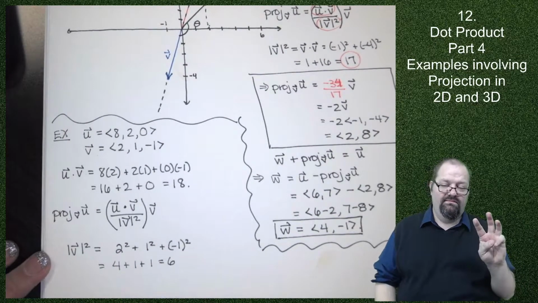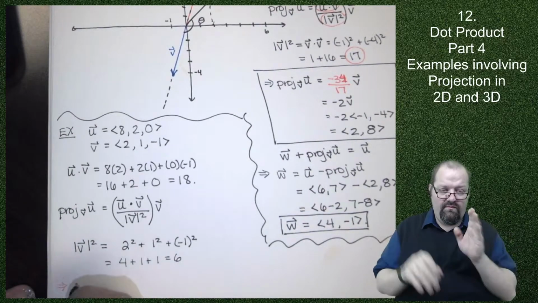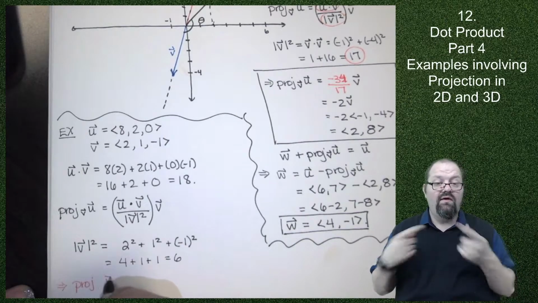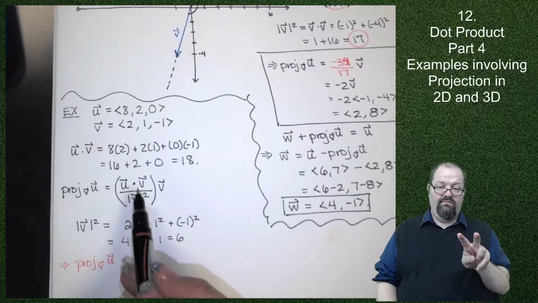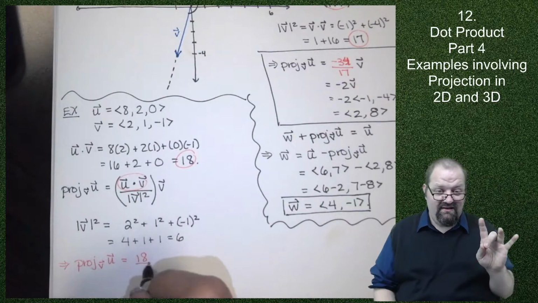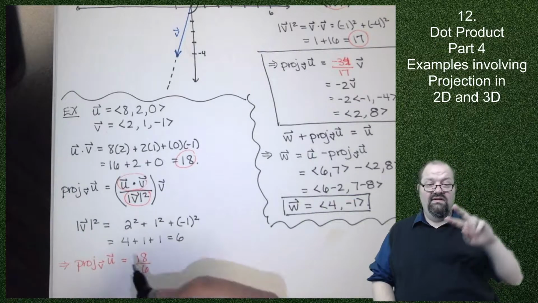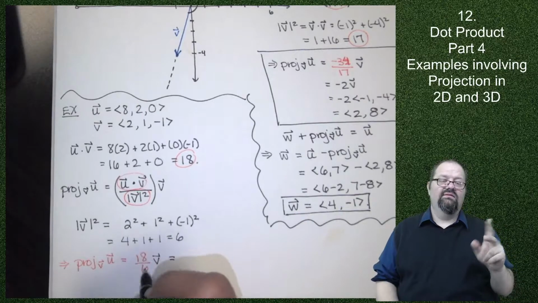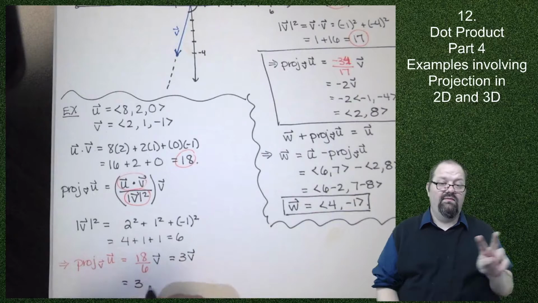So we can substitute those two pieces in. So we get a projection of U onto V. Well, that's just the dot product, 18, divided by the length of V squared, which is 6, times the vector V. So I get 3 times the vector V, and then I just multiply.